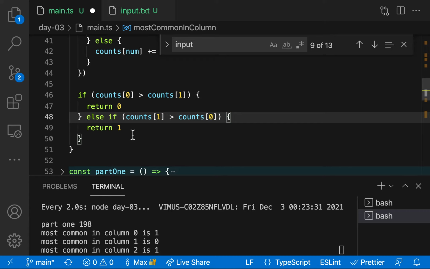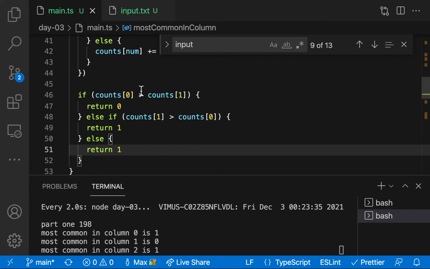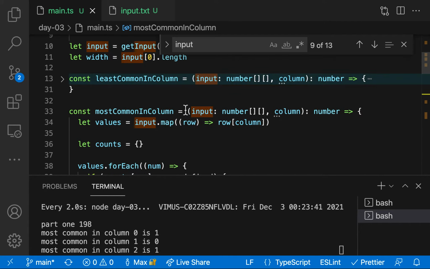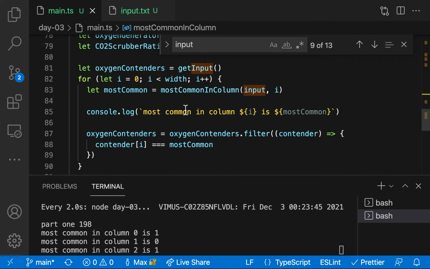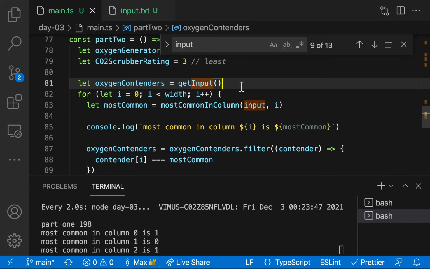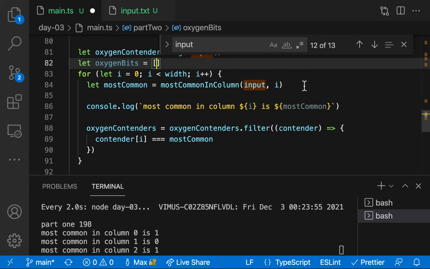We want 1 to win the tie. I don't know how to say that explicitly, though I think that's how it already was behaving. But anyway, let's come back to the epiphany we were having a minute ago. So I think we can say let oxygen bits equal, yeah, oxygen bits is this.